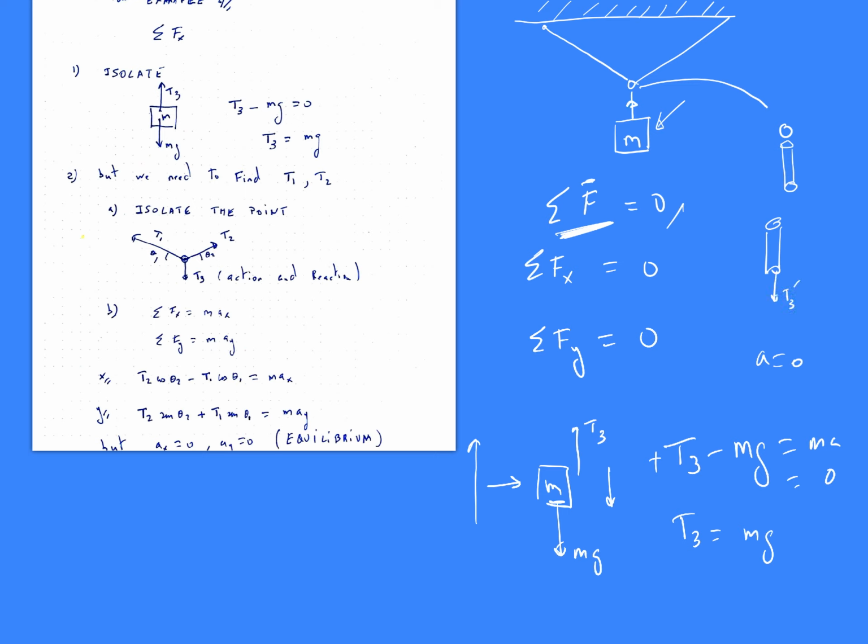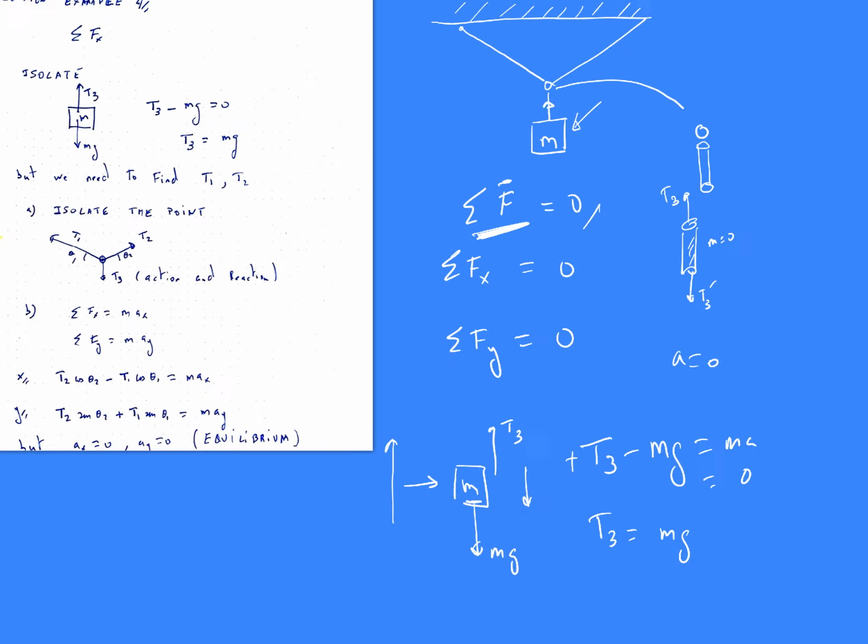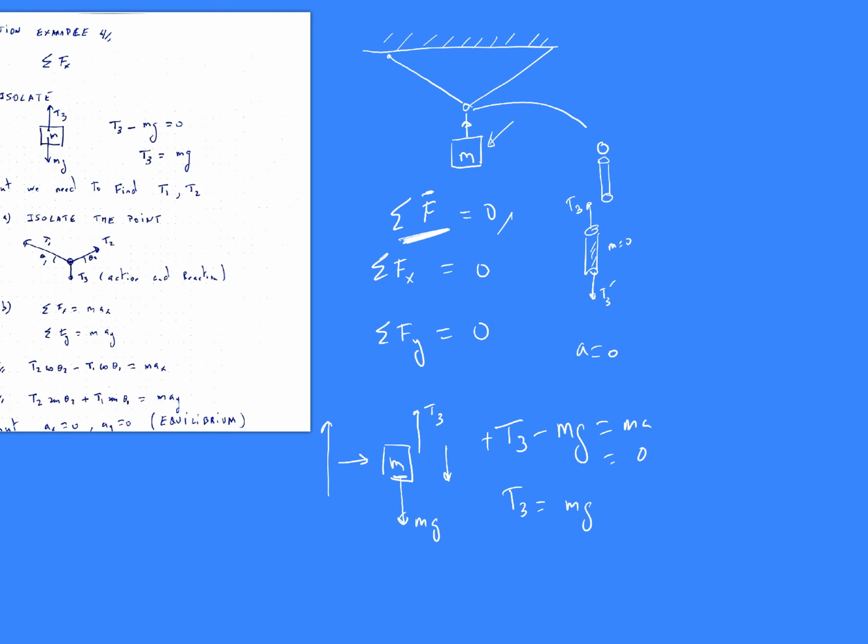That is the reaction. And I have proved that if the rope's mass is 0, T3 also has to go upward. So this is the force acting on the rope, but I want the force acting on the point. So on the point P, we will have the force T3 going downwards, but T3 is mg, the weight that was holding.